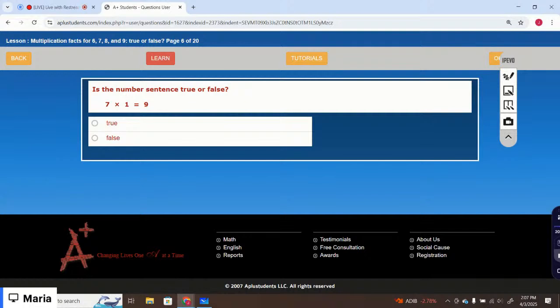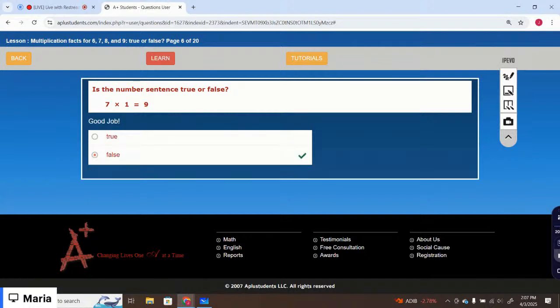Is the number sentence true or false? 7 times 1 equals 9. False it is. Option number 2 is the correct option.